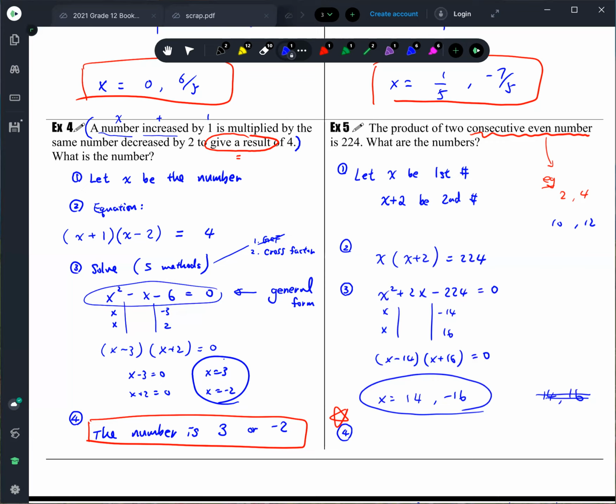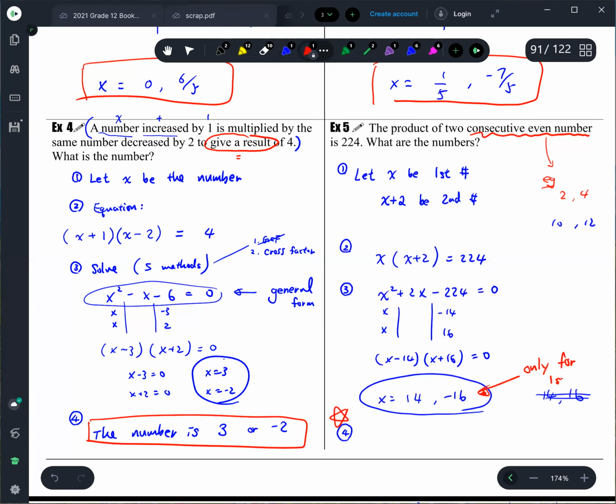So think about what it means. The 14 and negative 16 is for x. What did we say the x represents? The first number. Yes, okay. So what you found here, the x, the 14 and negative 16 only represents the first number. That's why this question is tricky, okay? Only for the first number.